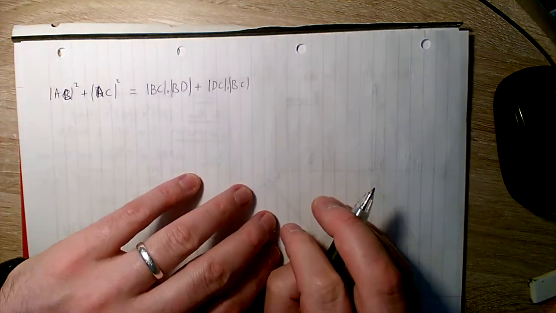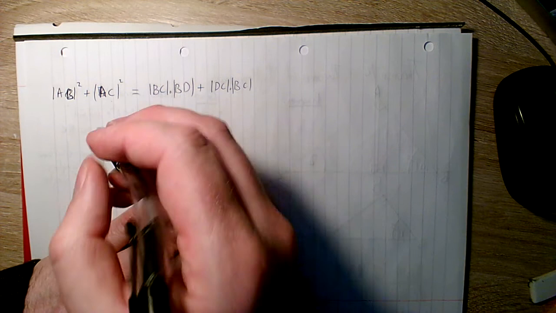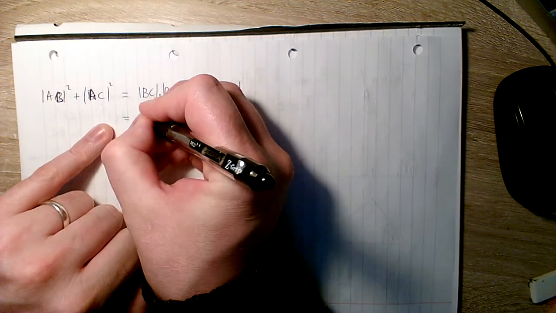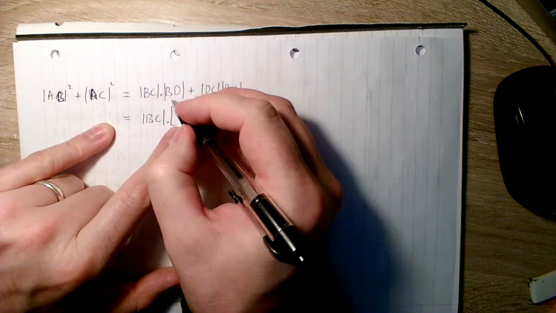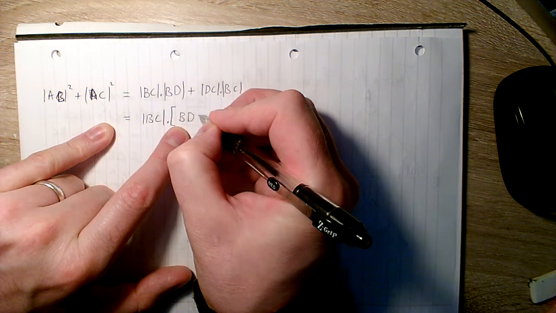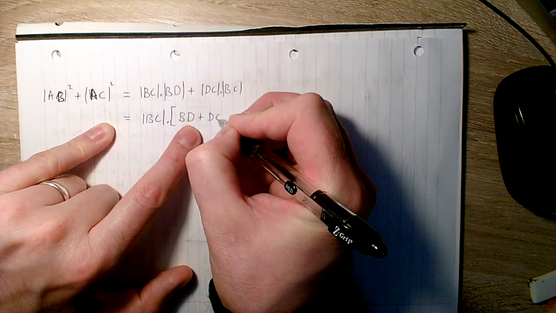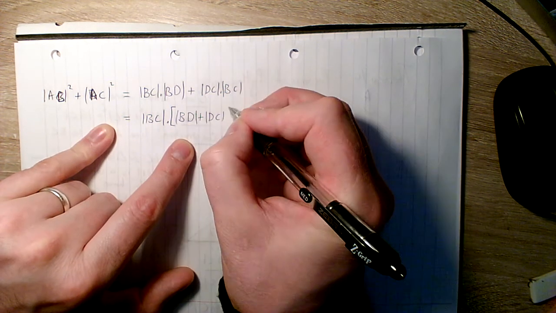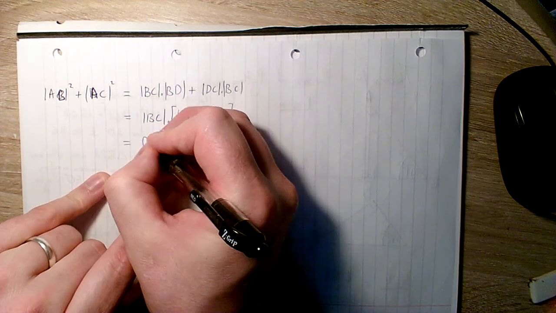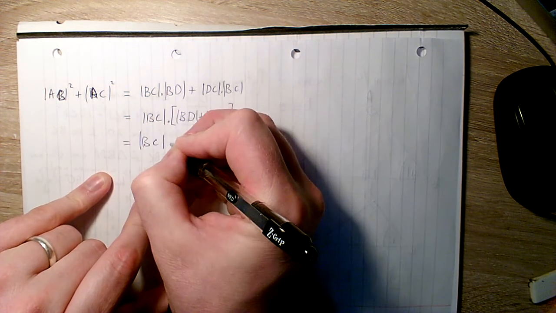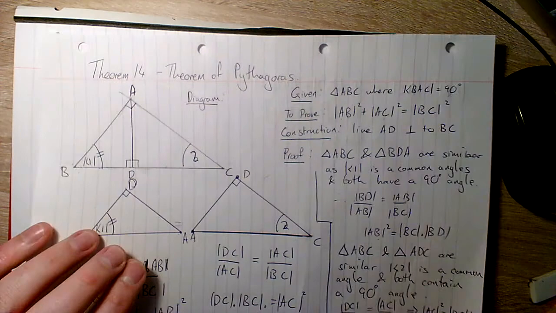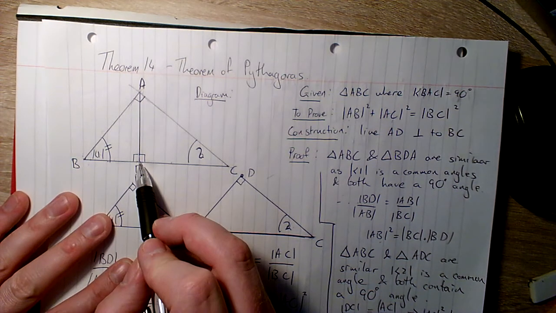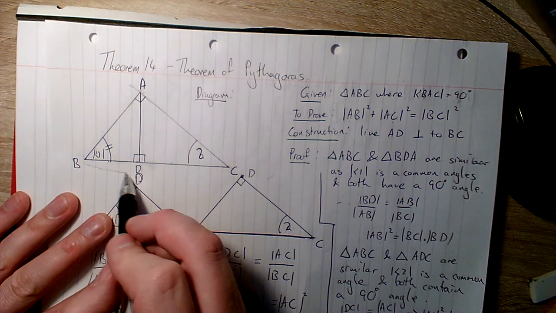So we're nearly finished. We spot here BC is a common factor. So you can say BC multiplied by BD plus DC, those two lengths added together. Now if you come back to our original diagram, BD plus DC all together makes up BC.